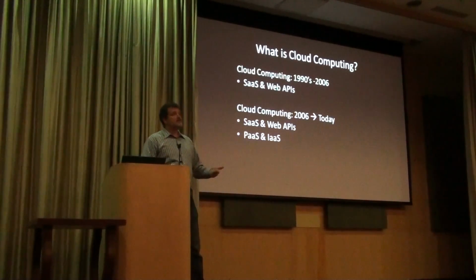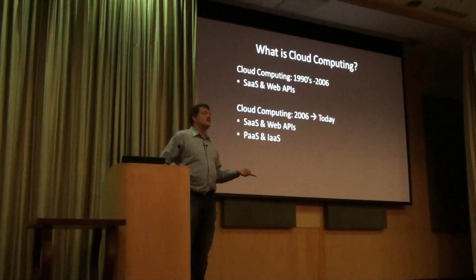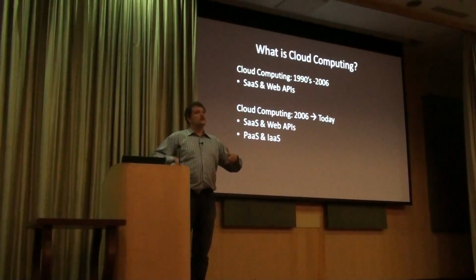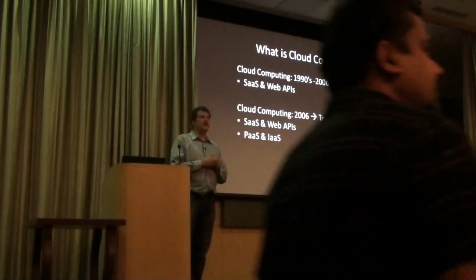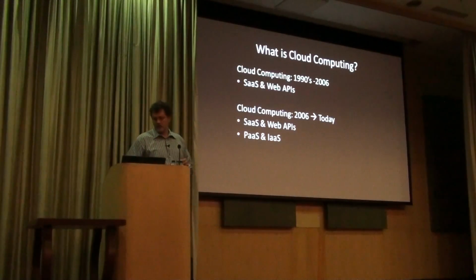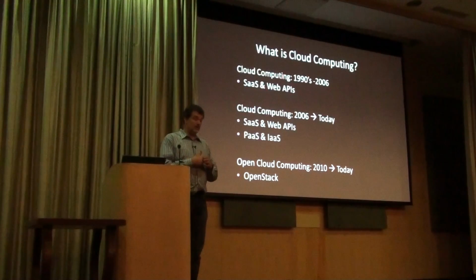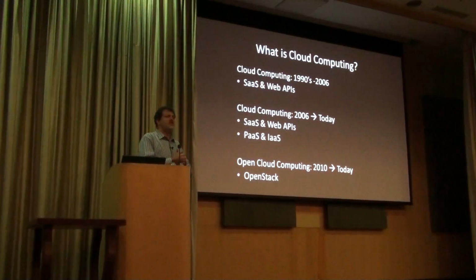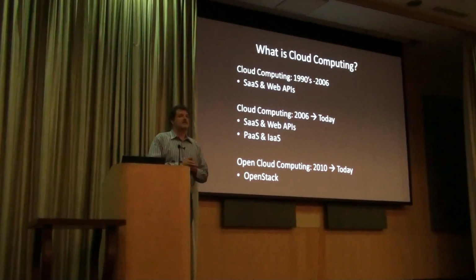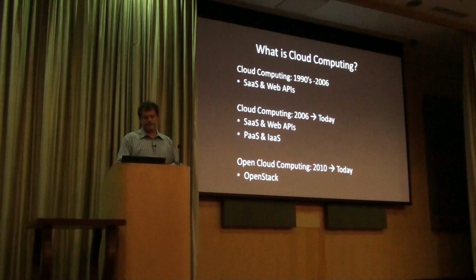But web APIs and software as a service have actually been around since the 90s. So the fundamental concepts behind cloud computing have been around for a while. And then it was in 2010 that OpenStack was announced. It wasn't the first open source cloud software, but it's become more or less the largest project at this point.